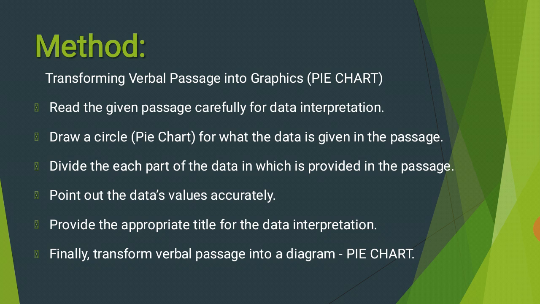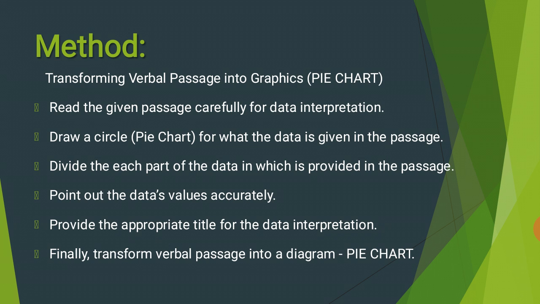Read the data carefully and then give the data's information. Divide each part of the data provided in the passage. You have to make a circle and divide it into small pieces for the data. You have to provide the numbers and values for those things.